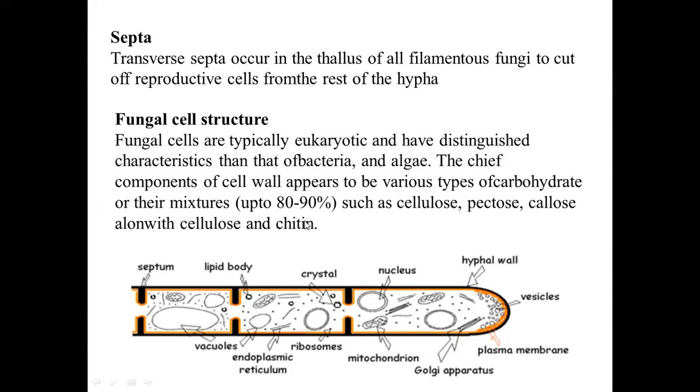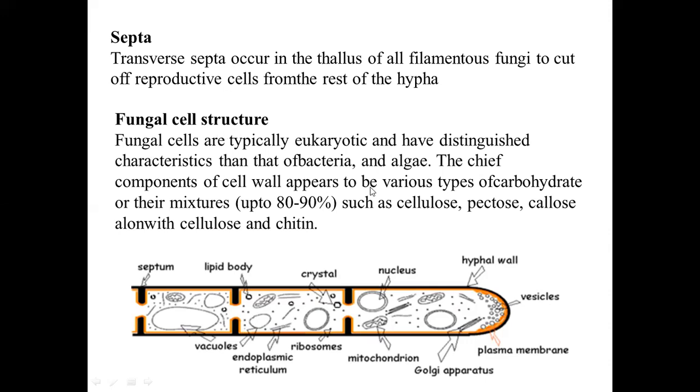If one whole cell is there, and one septation develops from the margin of the cell wall and completely packs all these cell tissues, it forms the complete septation, and one single cell here and one single cell here develops. So septa takes part in the reproductive cells and helps to develop the filamentous fungus. So that is known to be the septa.